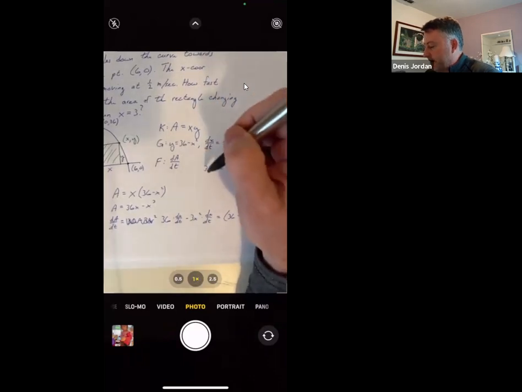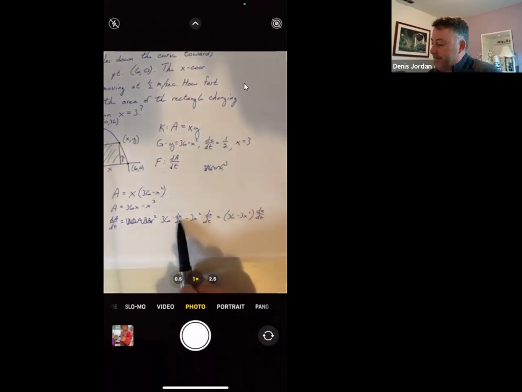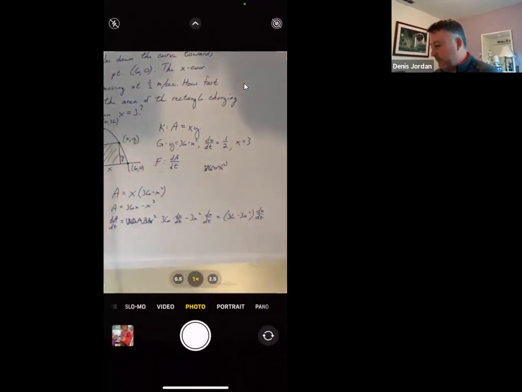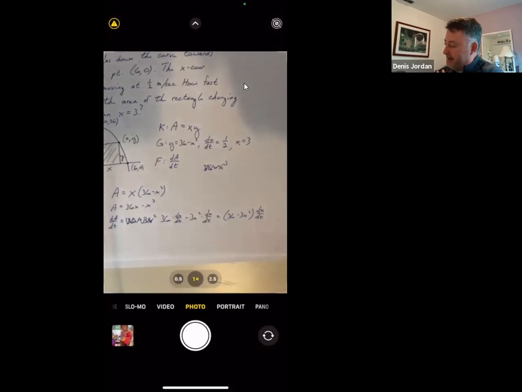Actually, it kind of works with that one too, because that one just is a 0. But if not every term has that variable, you're not multiplying the whole quantity by the dx/dt. Does that make sense? Okay, I'm going to assume that's a yes.